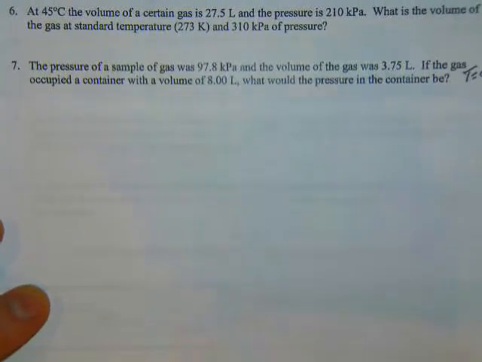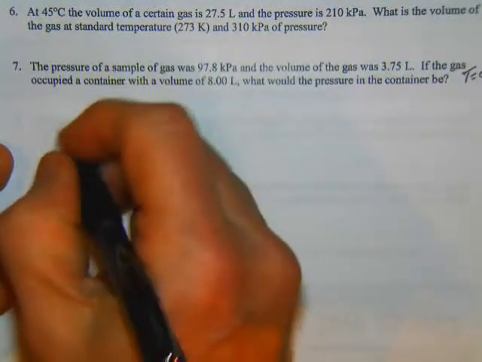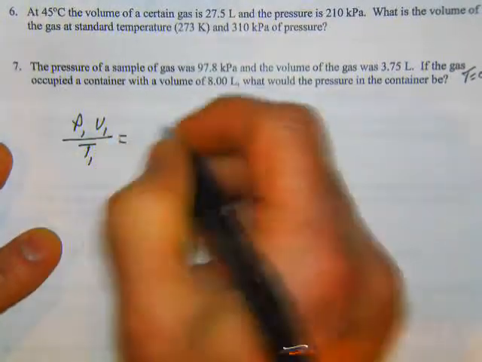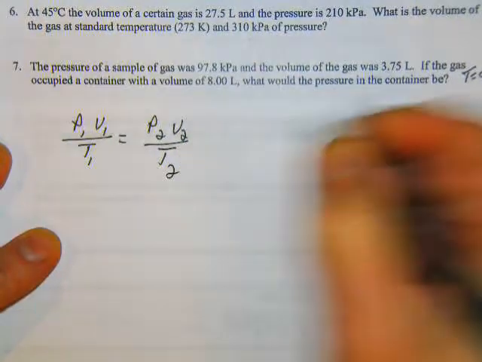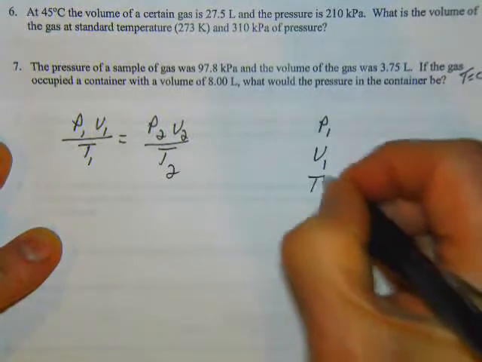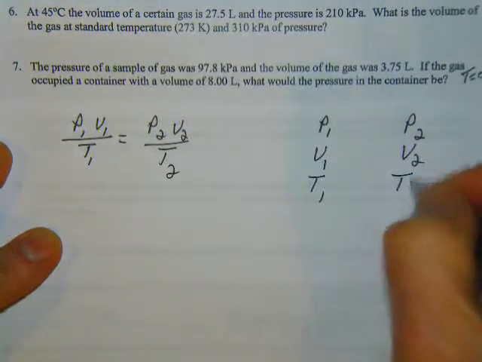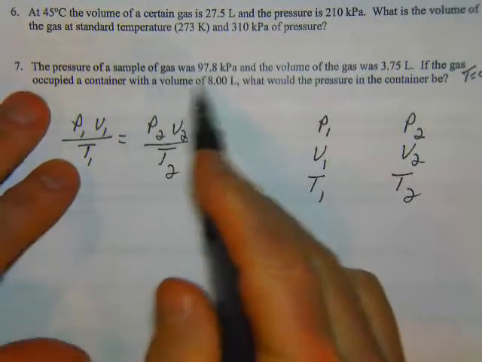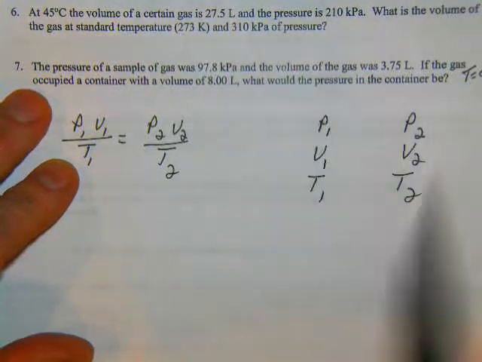The pressure of a gas sample, and let's write the formula again here. P1 V1 over T1 equals P2 V2 over T2. Might as well make our table. P1 V1 T1 P2 V2 T2. Now let's read it. We've got a pressure of a sample of gas was 97.8 kilopascals.